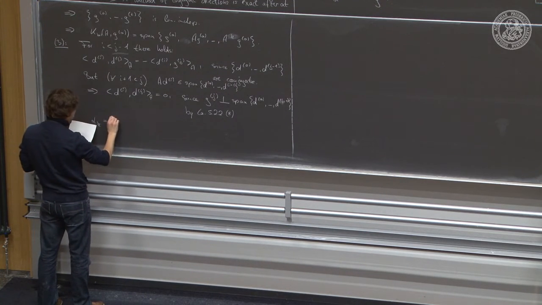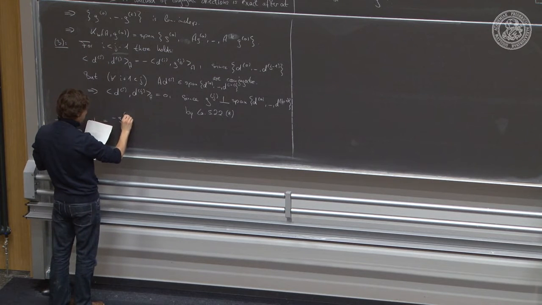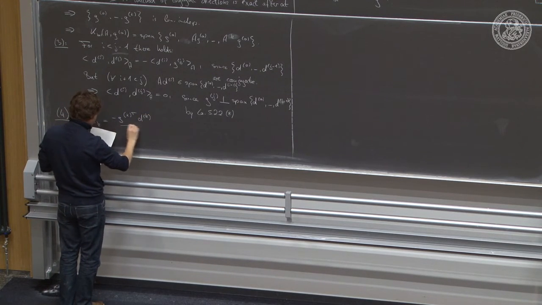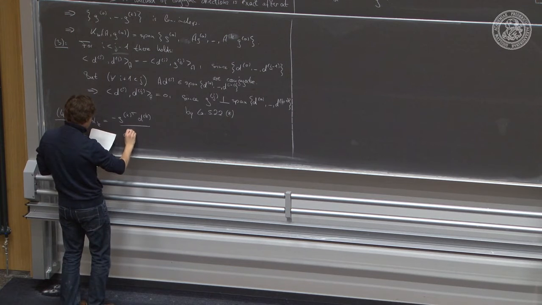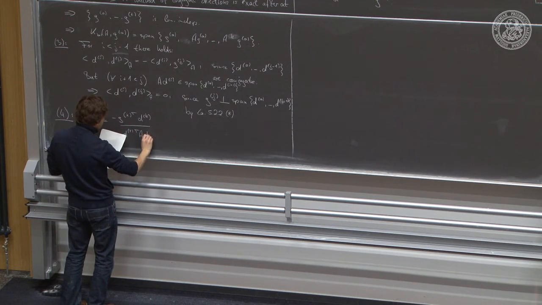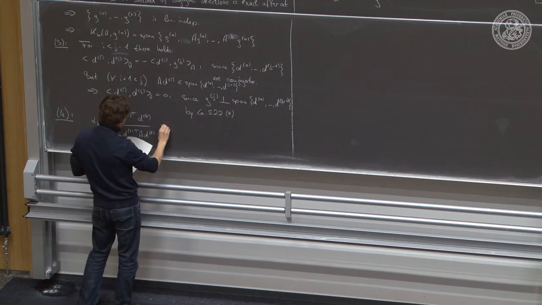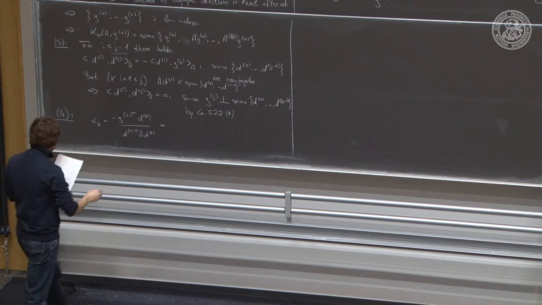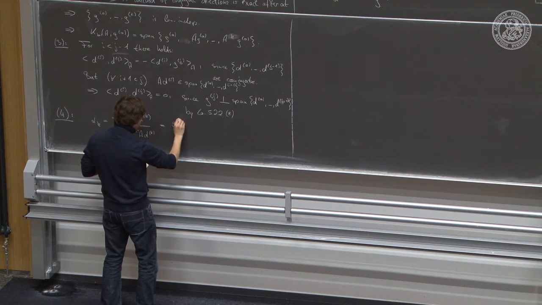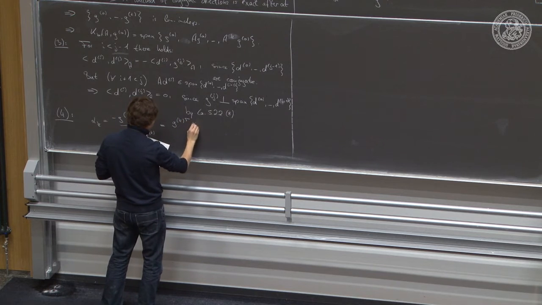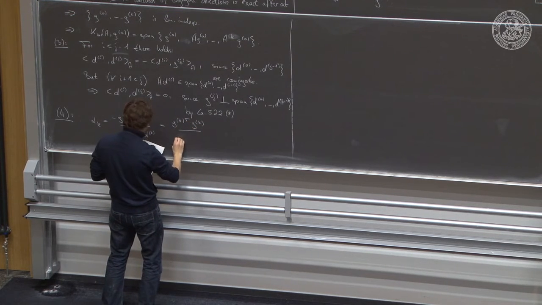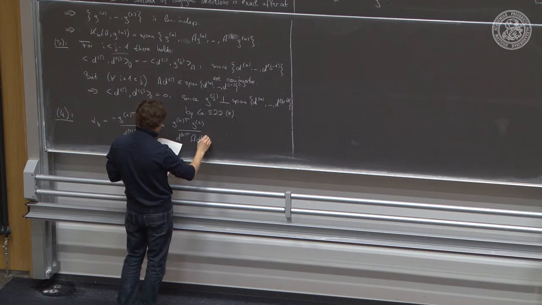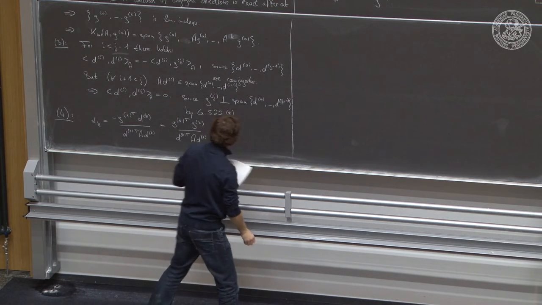Alpha_k is defined as minus g_k transpose d_k divided by d_k transpose A d_k. Well, but this is nothing other than g_k transpose g_k divided by d_k transpose A d_k, and that is exactly what we wanted to show.